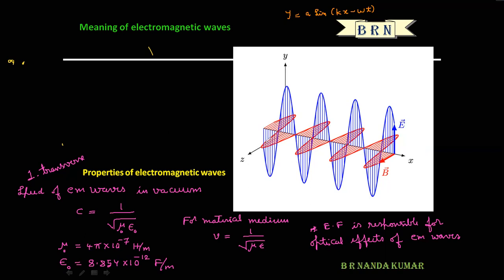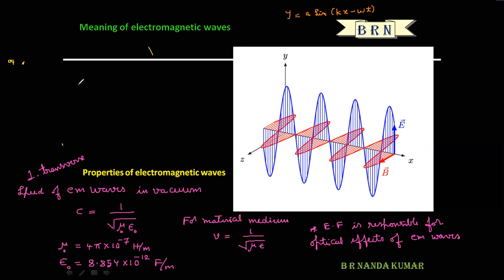So the magnetic field varies along the z-axis, and they are mutually perpendicular to each other, but both propagate along the x-axis, right?